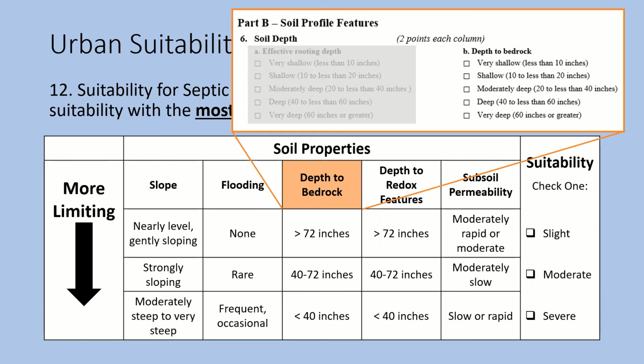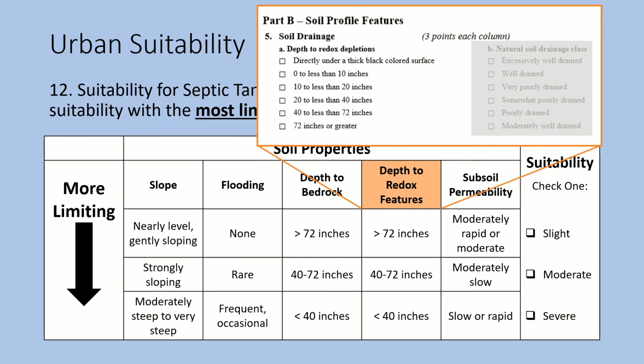Depth to bedrock, remember we got that in part B where you determined if there was bedrock within the top 60 inches. If you have bedrock close to the surface, it makes it more difficult to put in a septic tank.